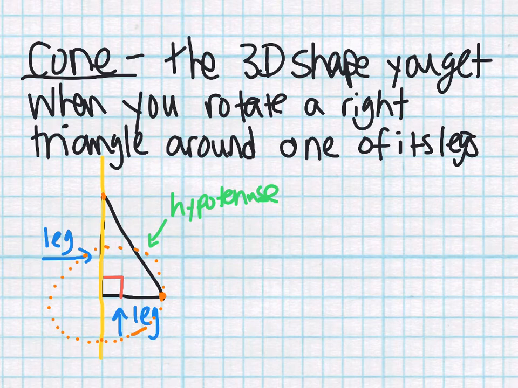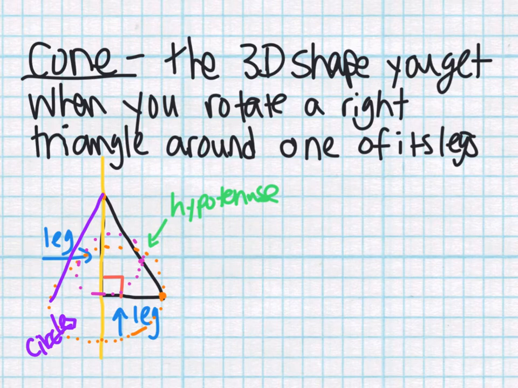If I picked a random point like here, that one's also going to go around in a circle. And the shape that I'm eventually going to get when I spin this kind of looks like this. Think about an ice cream cone. The shape down here on the bottom is a circle, kind of like our cylinder had a circle. All of these shapes we're talking about today have circles as part of them.